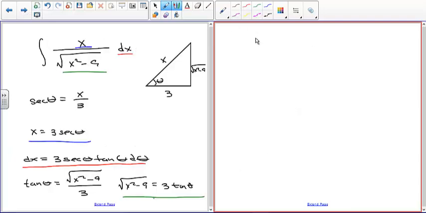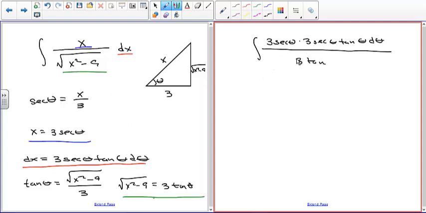For x, we put in 3 secant theta. For dx, we put in 3 secant theta tangent theta d theta. And for the square root of x squared minus 9, we put in 3 tangent theta.